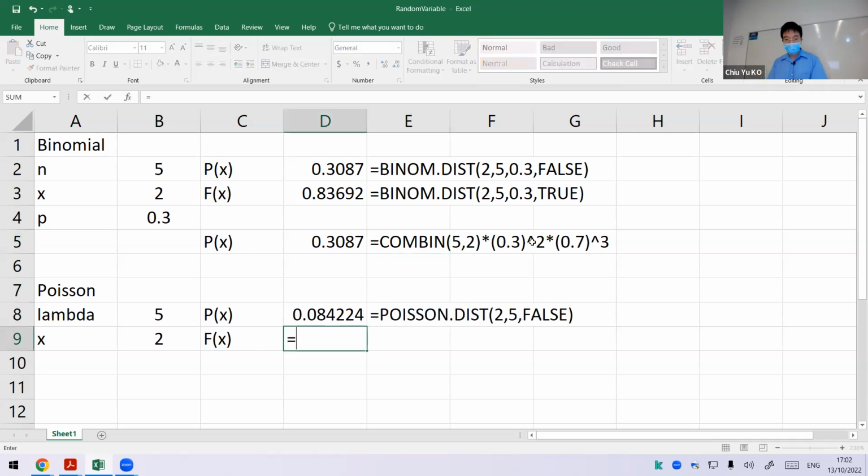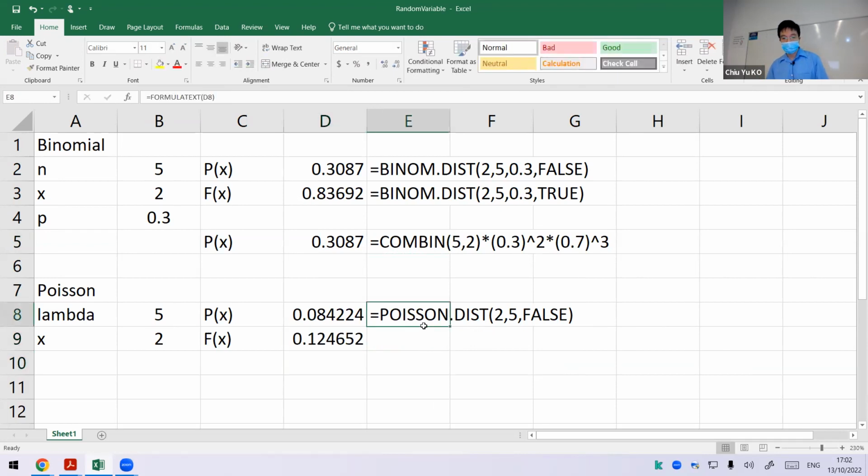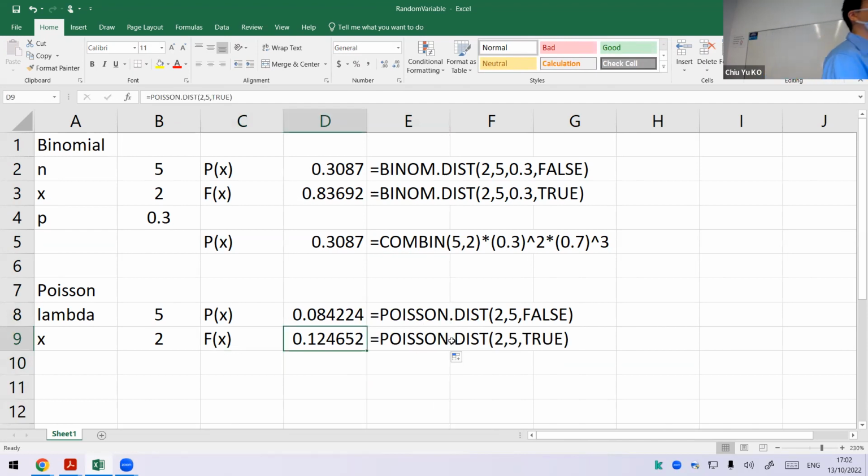And then you also have Poisson.DIST 2 and 5 and true. The good thing about Excel is that we can very quickly calculate the F, because F is something complicated when you work on this by hand.